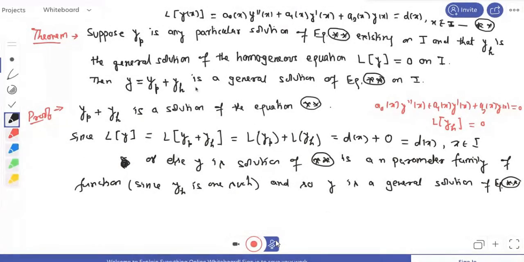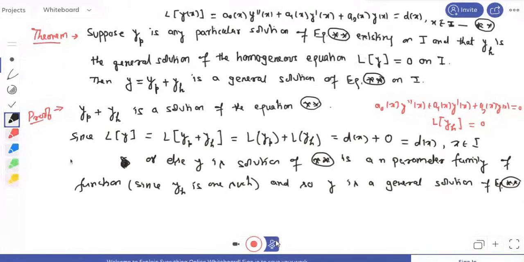So this theorem says that if yh is the homogeneous solution of this differential equation, and yp is a particular solution of the given differential equation, then the general solution of the given double star is yp, the particular integral, plus yh, the homogeneous solution. And here we see that this satisfies our condition, so this is the solution of the given differential equation.